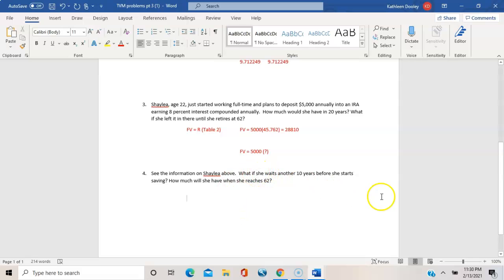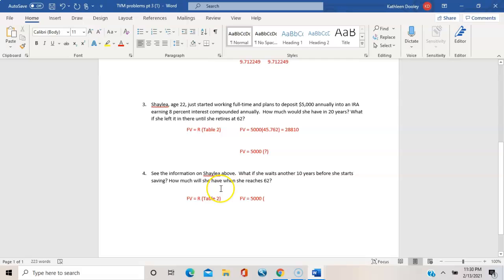So we will do that one. So we want the future value. So the future value equals the R times table 2. It's 5,000.